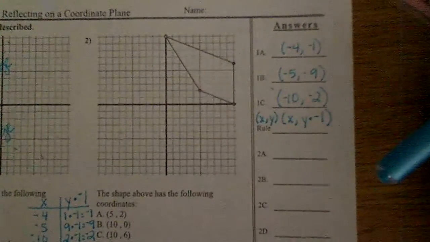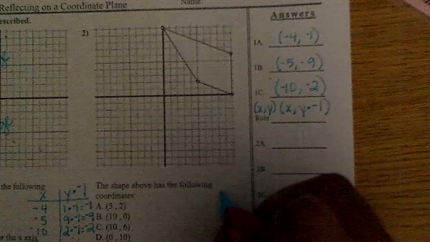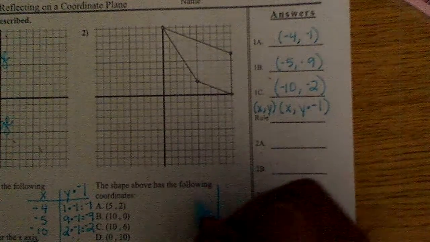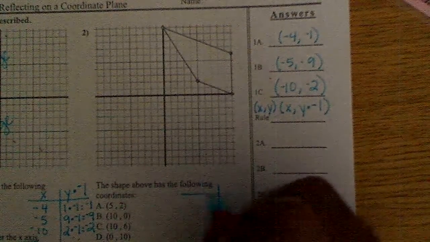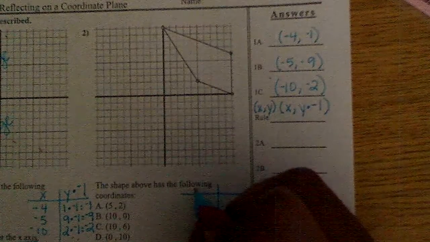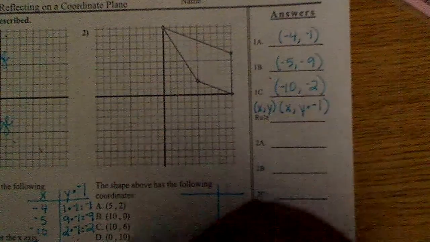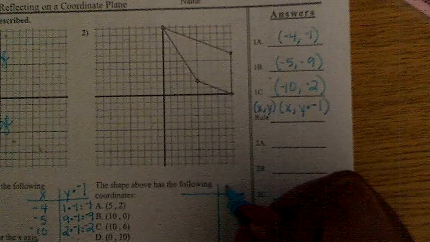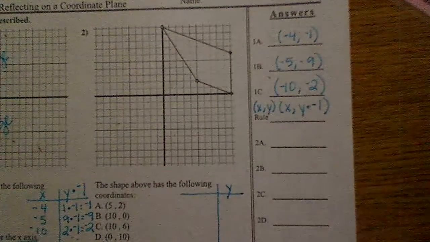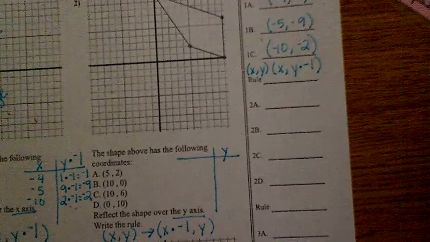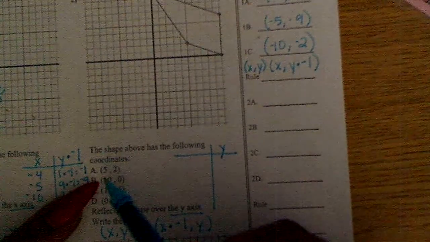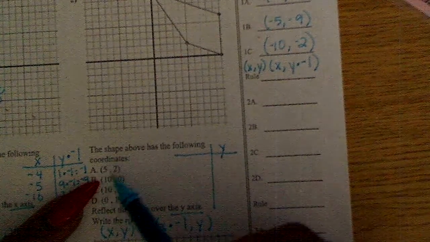So let's draw a table. And we're going to use the table to apply our rule. And we already know we're not going to do anything to y. So let's draw our y column. And let's just copy down our y coordinates. At point A, x is 5, y is 2. At point B, x is 10, y is 0.